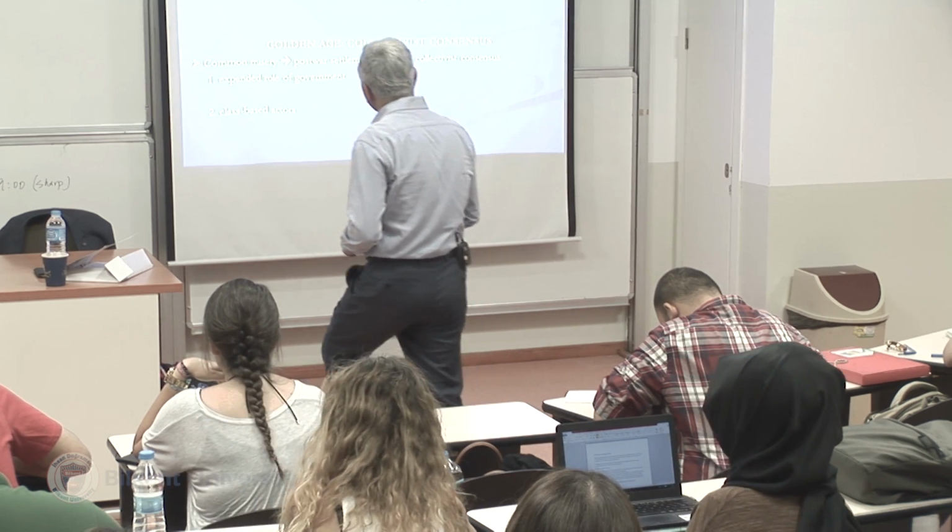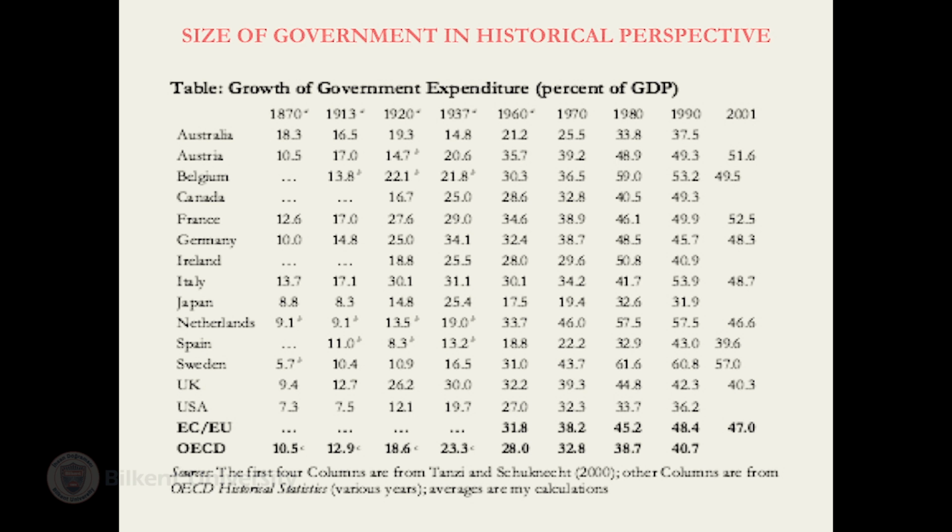So when you look at the figures here, I'm sorry, I had these figures. When you look at the figures here for Britain, by about the 1870s, the British government was spending less than 10%.